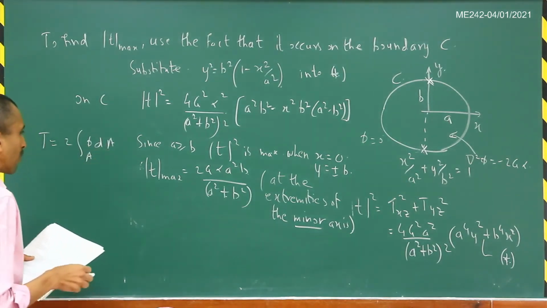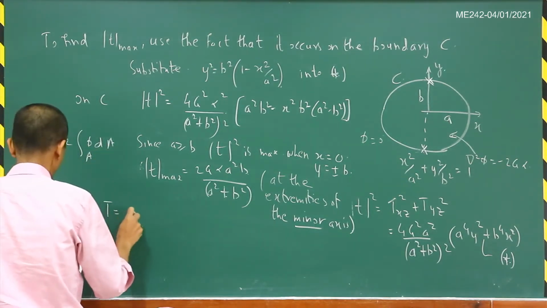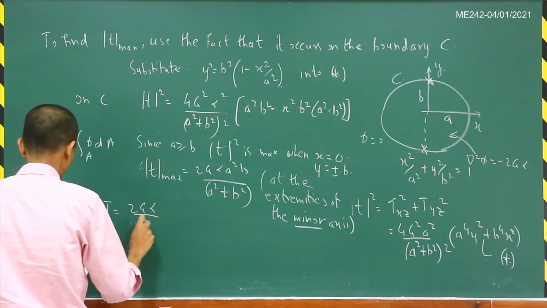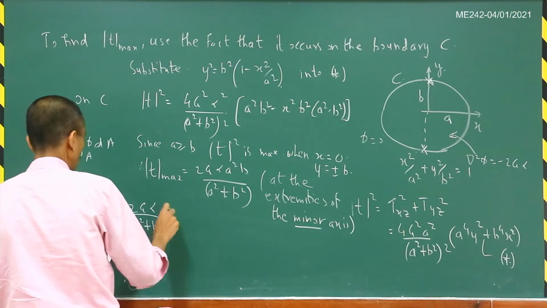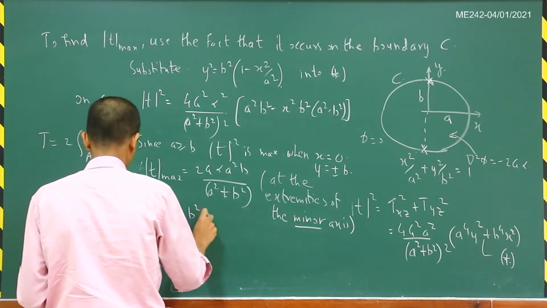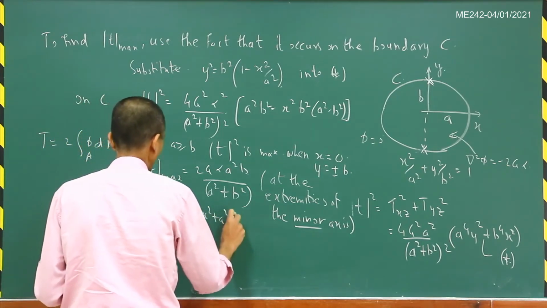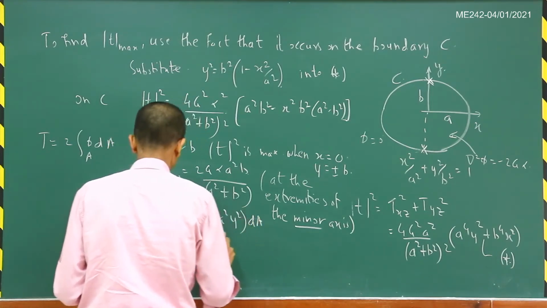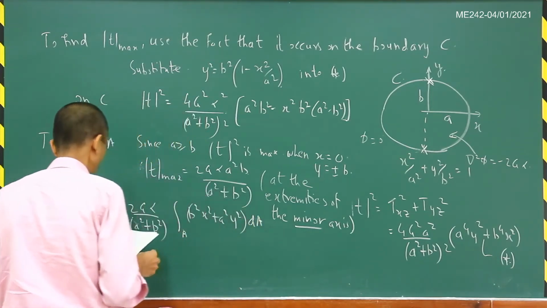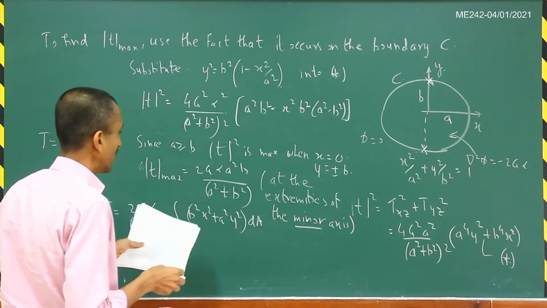So with either formula, what you will get is 2G alpha divided by a square plus b square times the integral of b square x square plus a square y square times dA. This is over A, and we need to now evaluate this integral.